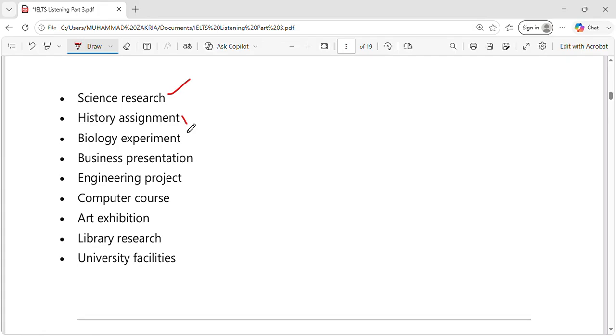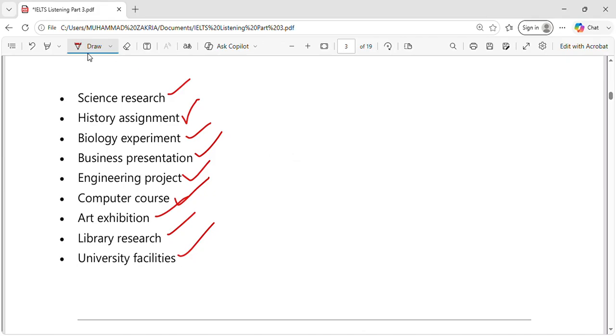Third one is history assignment, biology experiment, business presentation, engineering project, computer course, art and exhibition, library research, and university facilities.